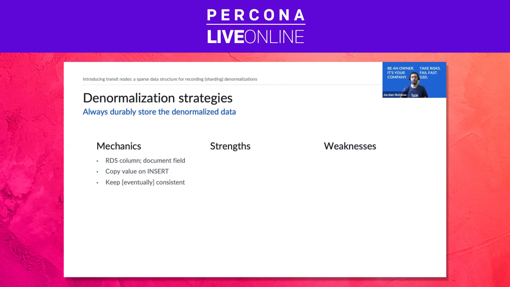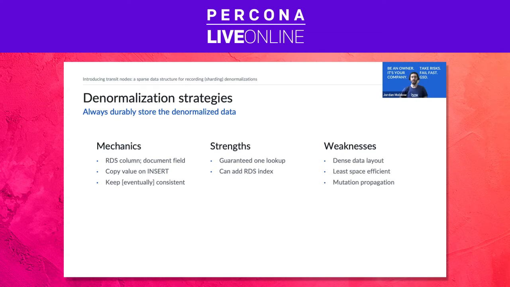So you add an extra column to your relational data table, or you add an extra field to your document, and you insert data into it, and you keep it eventually consistent with any changes to your source or your ancestor. You get guaranteed one lookup when you want to get the data, and you can use it as an index in an RDS system.